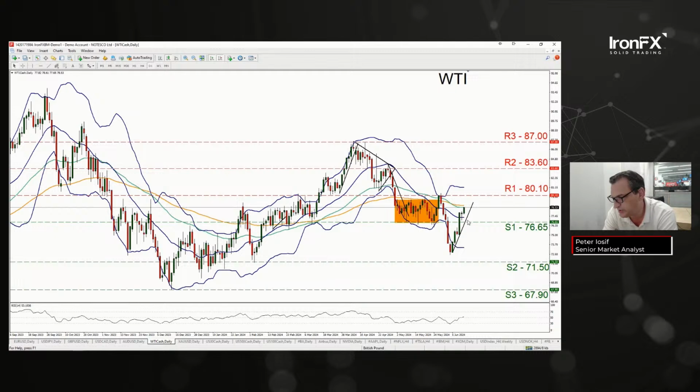Expect the price action to reach or breach actually the R1 80.10, basing our bullish outlook practically on the upward trend line, which is guiding the commodity's price higher. At this point, it would be interesting to note also that the RSI indicator has recovered from the depth of the readings of 30 and has now reached and slightly surpassed the reading of 50, which more or less tends to imply that any bearish sentiment has faded away from market participants for oil prices.